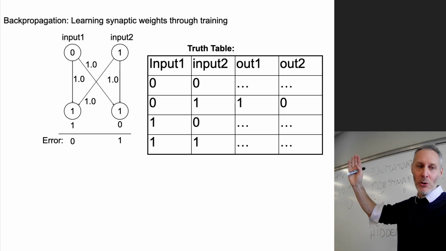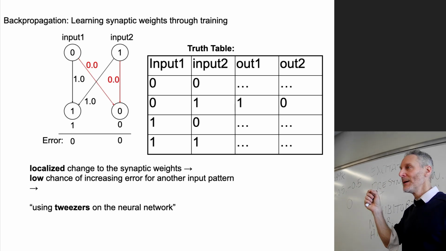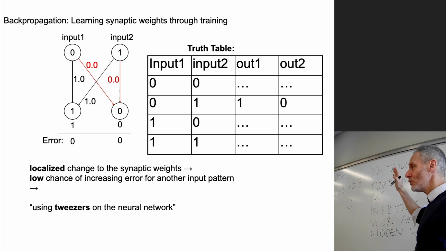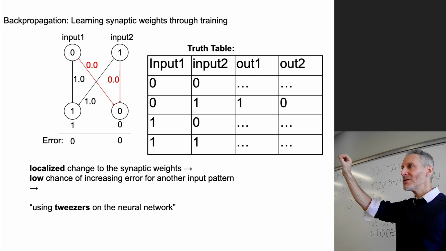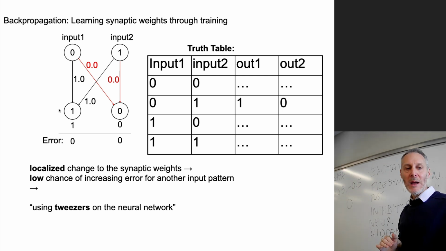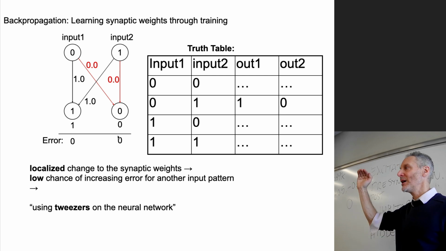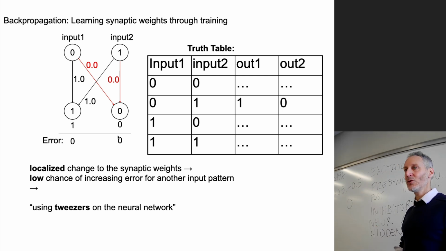Here I'm changing a 1 to a 0. That's a big change. Backprop is like going into a huge complicated machine, seeing a problem, working backwards, and then with tweezers making slight changes to maybe not even fix the problem a little bit, but reduce error a little bit.